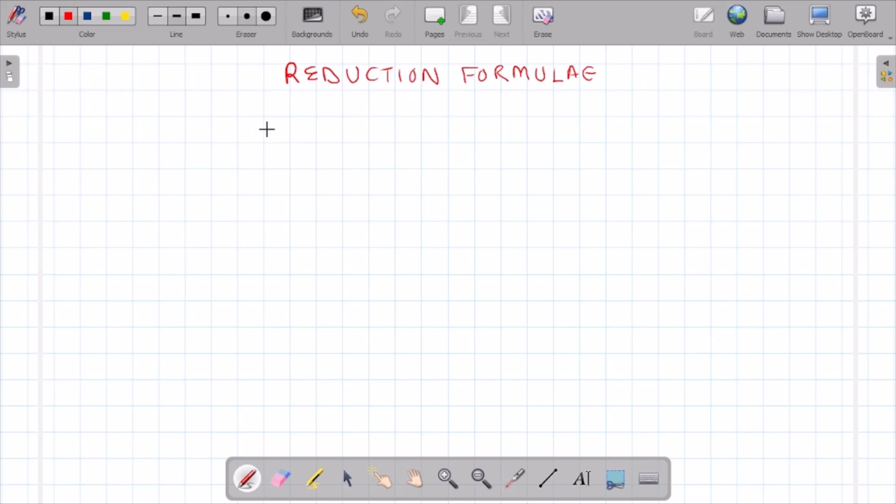The first problem is the integral of x to the power of n e to the power of x dx. Integration by parts here becomes very tedious. For n equal to 2, you have to do the integration by parts 2 times. For n equal to 3, you probably have to do it 3 times. For n equal to 100, you have to do it, I don't know, like 100 times. That is very tedious.